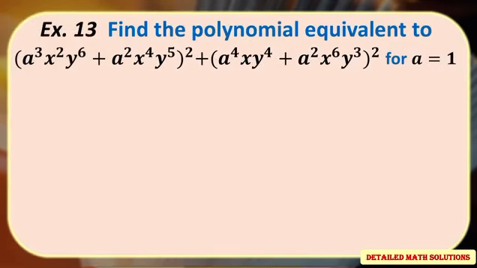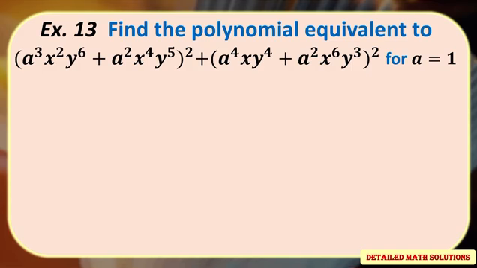Find the polynomial equivalent to the sum of binomial squares displayed on the screen for a equals 1. As a first step, I'm going to substitute a with 1.